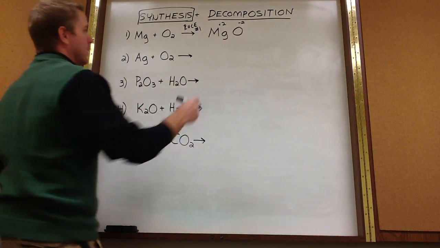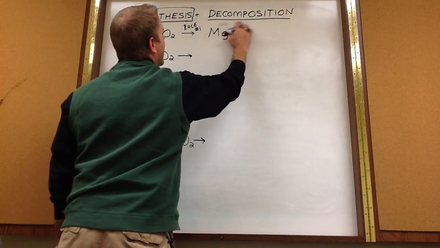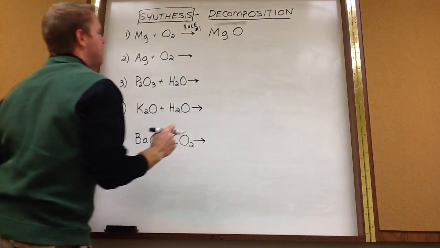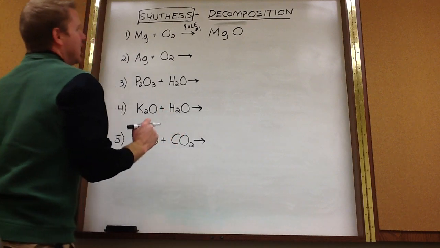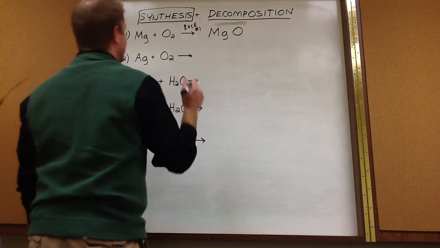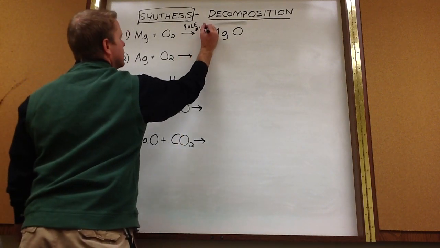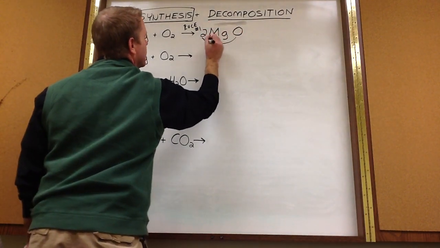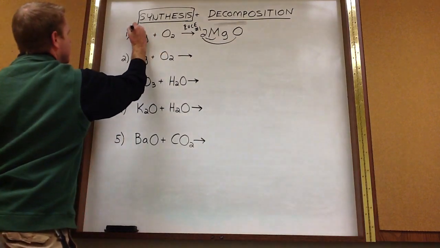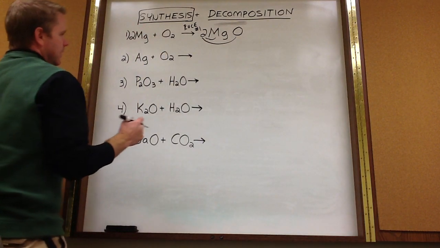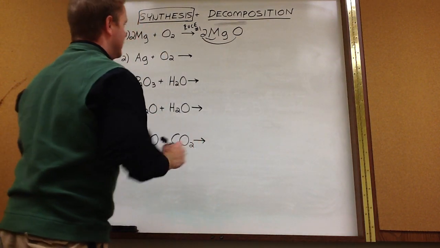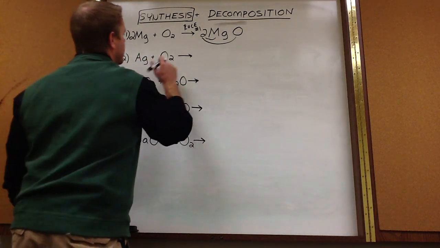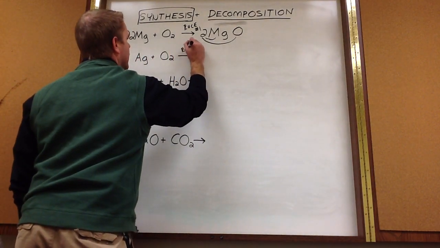You do have to make sure of that part. I can get rid of the charges to clean it up, MgO, and now I also have to balance. This one does not balance, so you put a 2 there, which gives you 2 O's and 2 Mg's, and now you have a balanced chemical equation. Yes, you must balance it. This one is also a rule number 1.